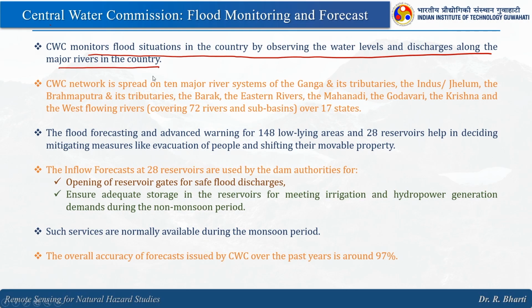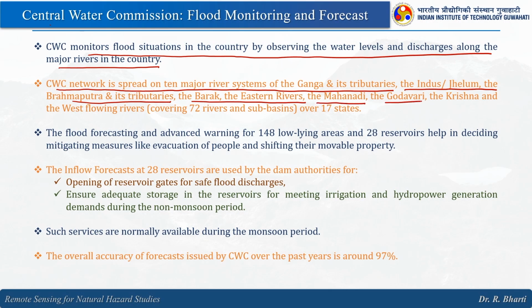They have a very good network so that they can collect the in situ measurements. The CWC network is spread over 10 major river systems: the Ganga and its tributaries, the Indus or Jhelum, the Brahmaputra and its tributaries, the Barak and the eastern rivers, and the Mahanadi, Godavari, Krishna and west flowing rivers, covering 72 rivers and sub-basins over 17 states. So, you can see how actively they are engaged in the flood monitoring and forecasting services.